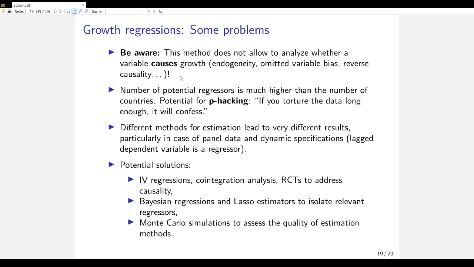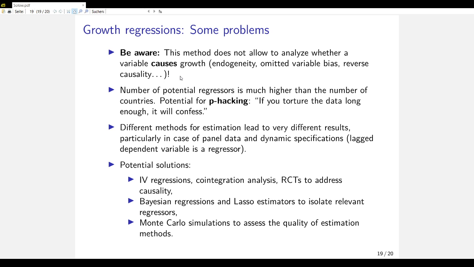For example, endogeneity, omitted variable bias, reverse causality. So for example, with schooling, it could very well be the case that a country grows faster and therefore could invest more in education and things like that. So this method here does not allow us to tease out the causal effect of a certain right-hand side variable on the left-hand side variable.